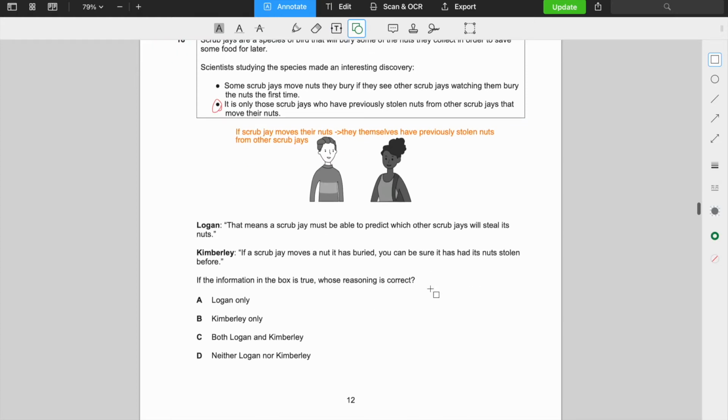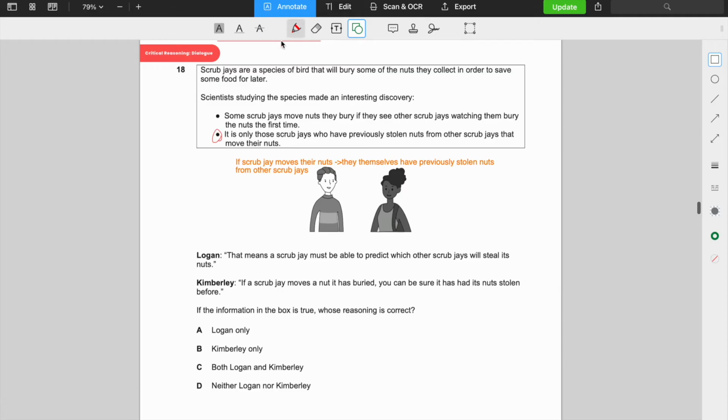Okay? And then if we go on to the first statement, some scrub jays move nuts they bury if they see other scrub jays watching them bury the nuts for the first time. So if they see other scrub jays watching them bury nuts for the first time, they may.